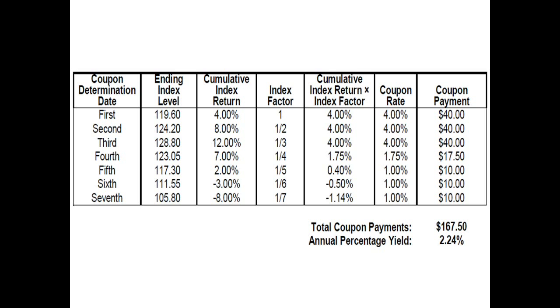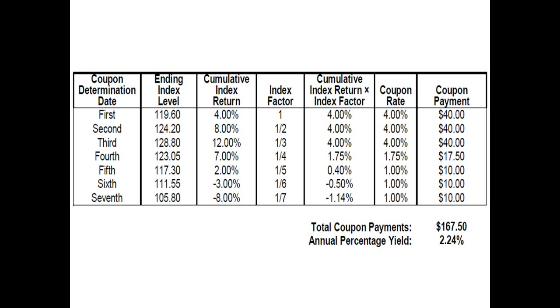Into the third year, on the anniversary date, we look back again, and from the initial date to the third year anniversary date, the cumulative return is 12%. Divided by the number of years, 3, once again a 4% interest payment. In the fourth year, in this hypothetical, the index went backwards.